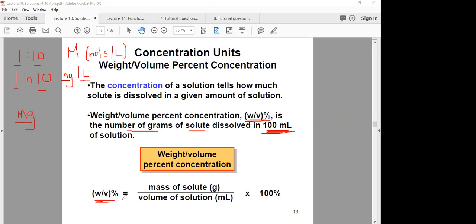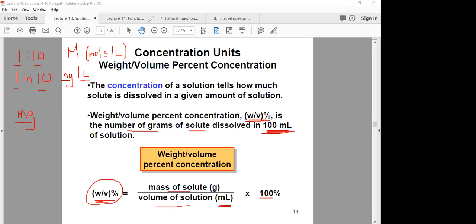Weight per volume percent concentration equals the mass of your solute in grams divided by the total volume of your solution. Keep that in mind, total volume of the solution in mL, and then that's multiplied by 100. And that will give you weight per volume percent.